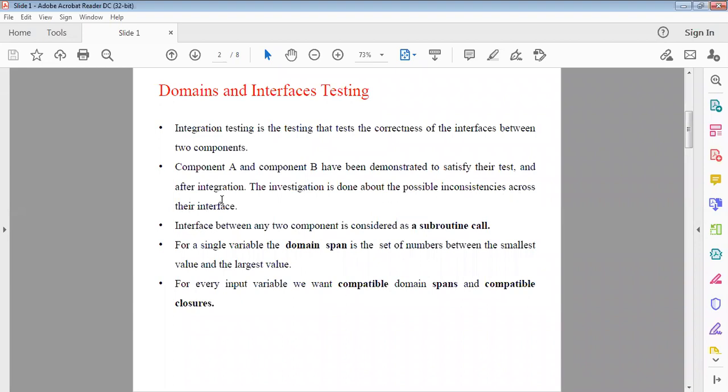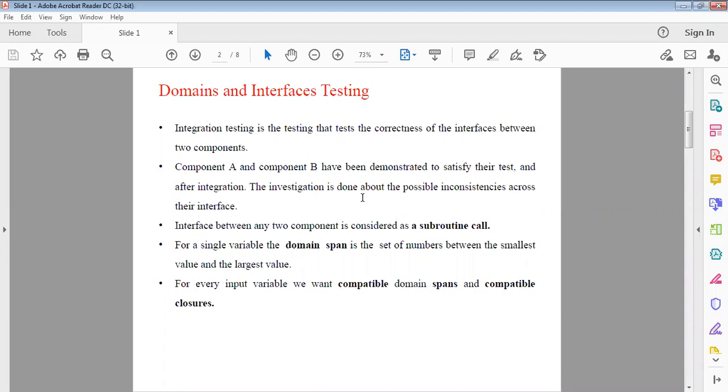It checks whether the values passed are consistent or inconsistent by using domain and interface testing. Understand that domain interface testing is done between two domains or two components, and how they interface with each other is through calls, using a method called subroutine calls. Generally, one domain interfaces with another by calling functions.